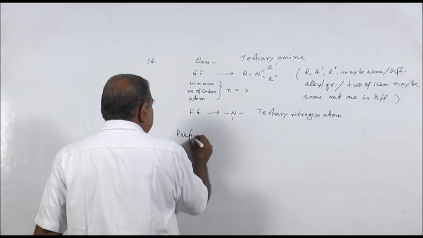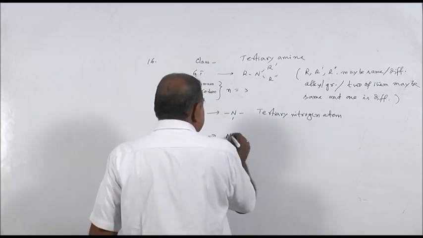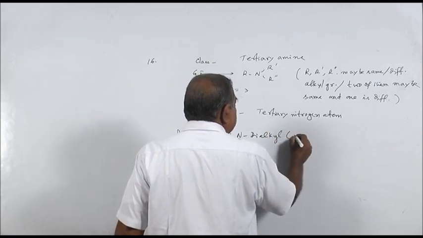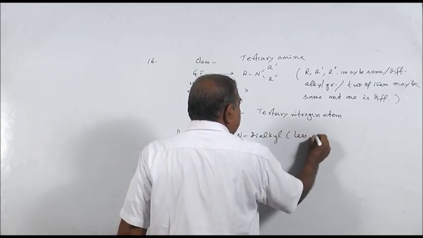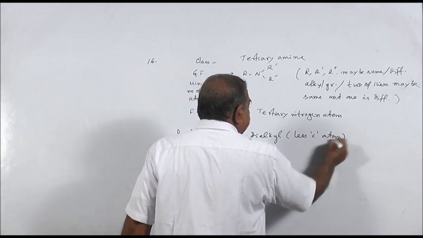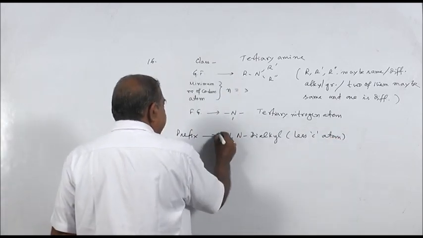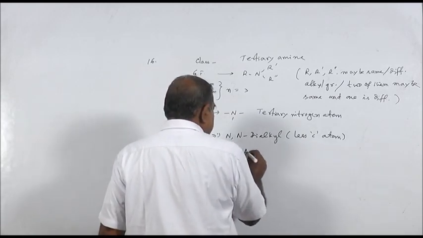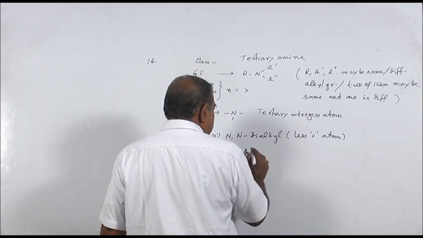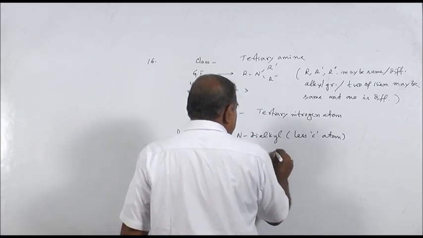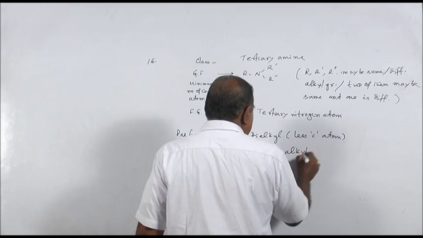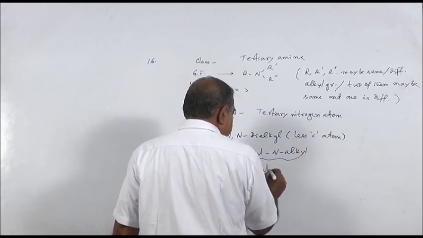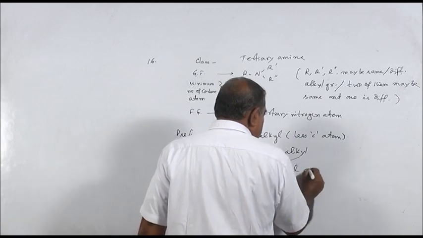The prefix may be, if 2 alkyl groups are the same, N,N-dialkyl, that is containing fewer carbon atoms, and another prefix when 2 alkyl groups are different, N-alkyl, but these in alphabetical order.